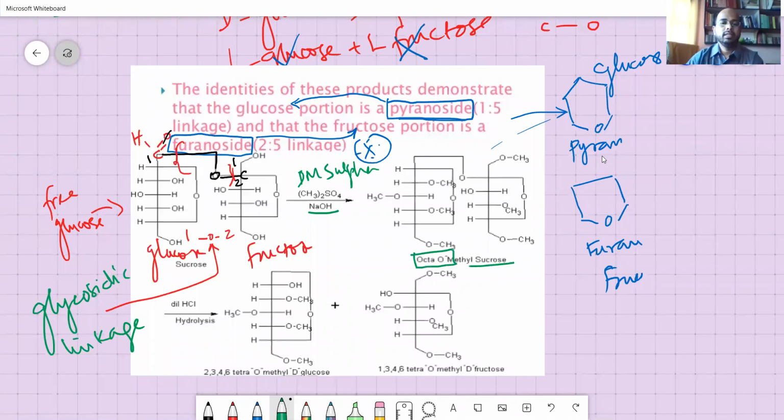Octa means 8. Here there are 1, 2, 3, 4, and here 4, 5, 6, 7, 8. So it is 8, which means there were 8 free OH groups. So this octamethyl derivative suggests that there are 8 free OH groups.